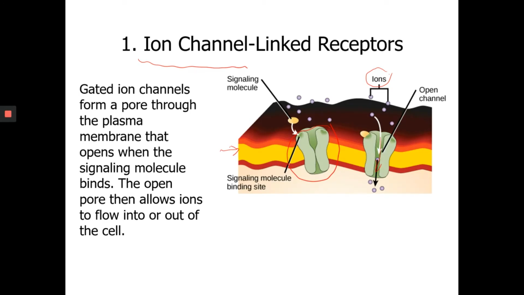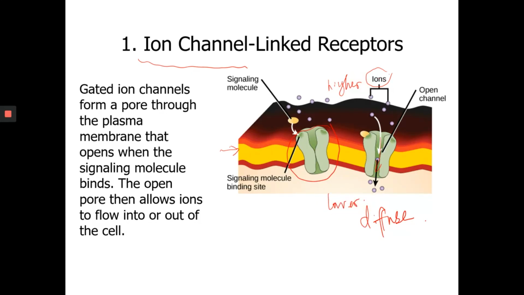The second thing is that you need to know by what process the ions get into the cell. Once the channel opens, the ions diffuse into the cell. In this figure, the purple dots show a higher concentration on the exterior and a lower concentration on the interior.